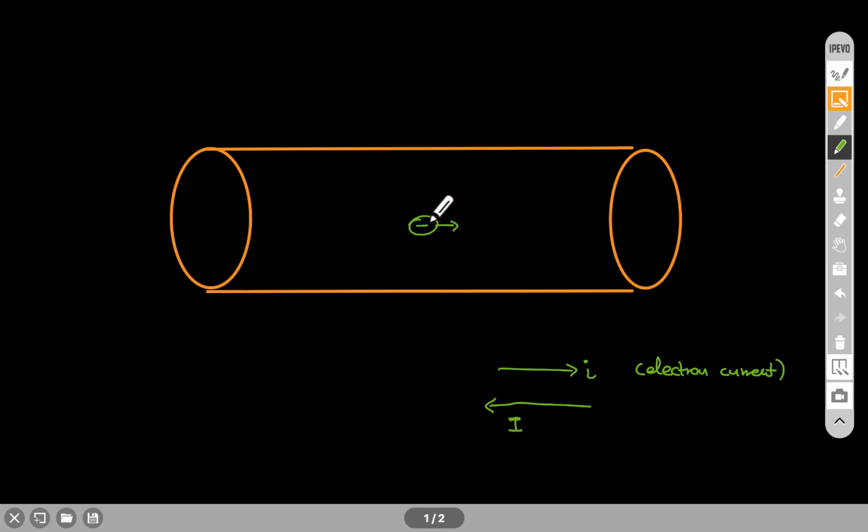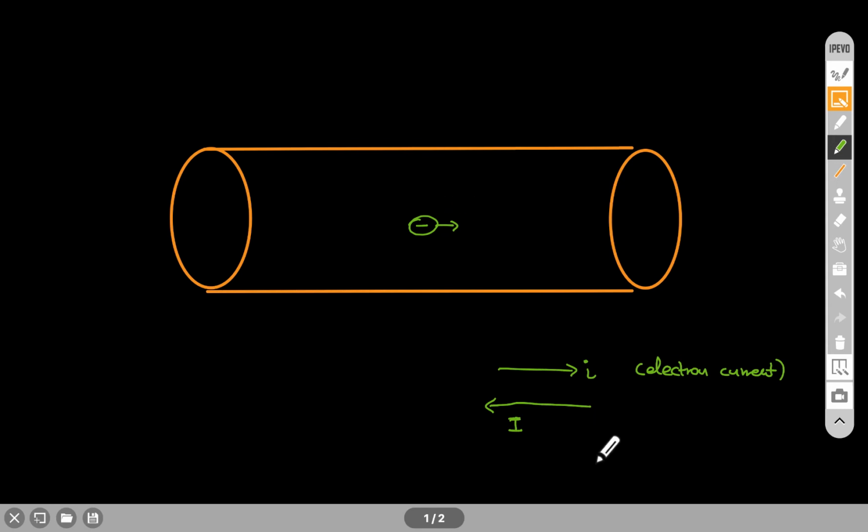I want my electrons to move to the right, and that means the direction of the electric force on the electron will be to the right.